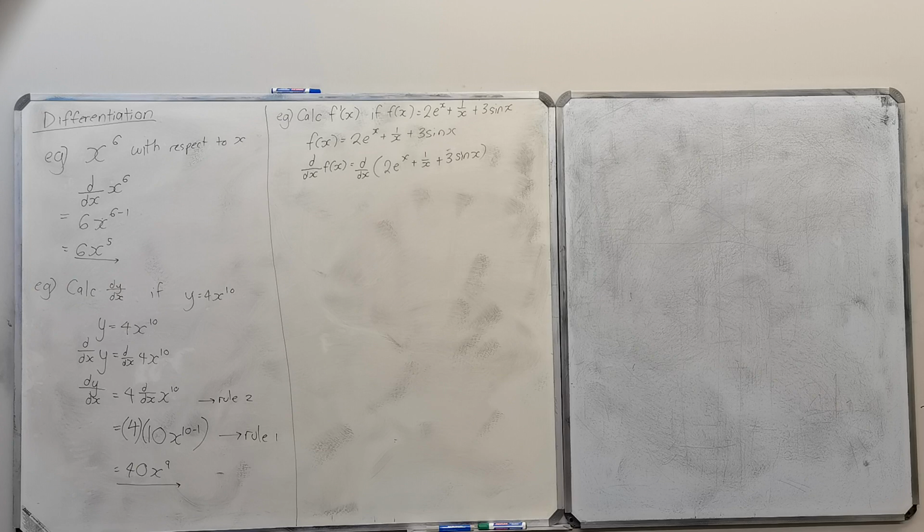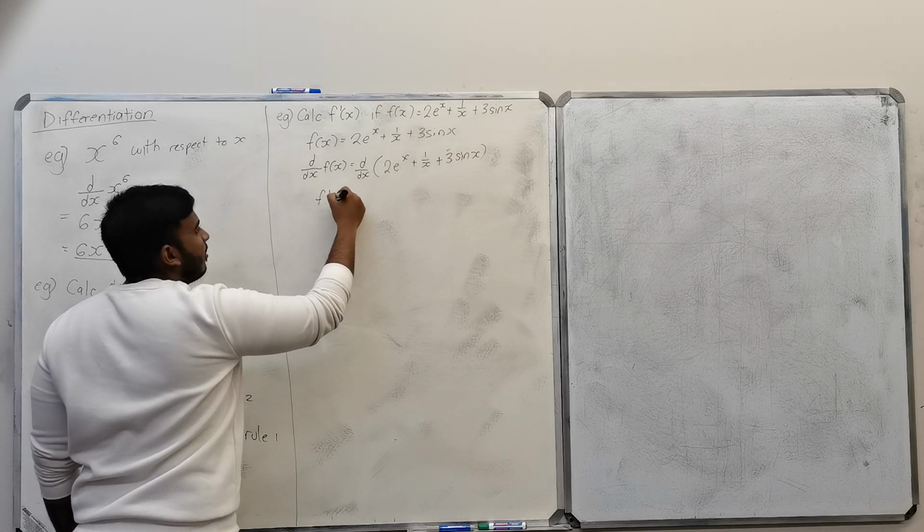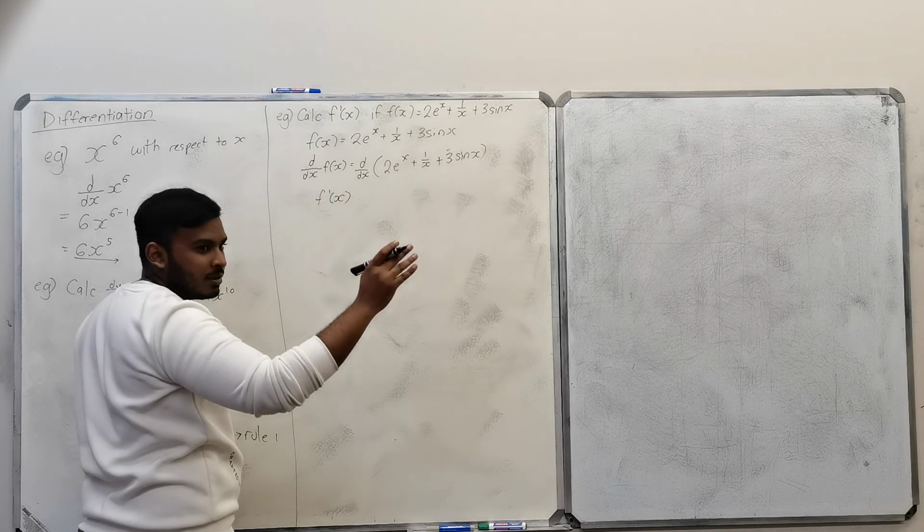Now go to the top of page 188, just above your rules. You see, they told you over there, d over dx f of x, how did they write it next? f prime x. So this here would become f prime x.